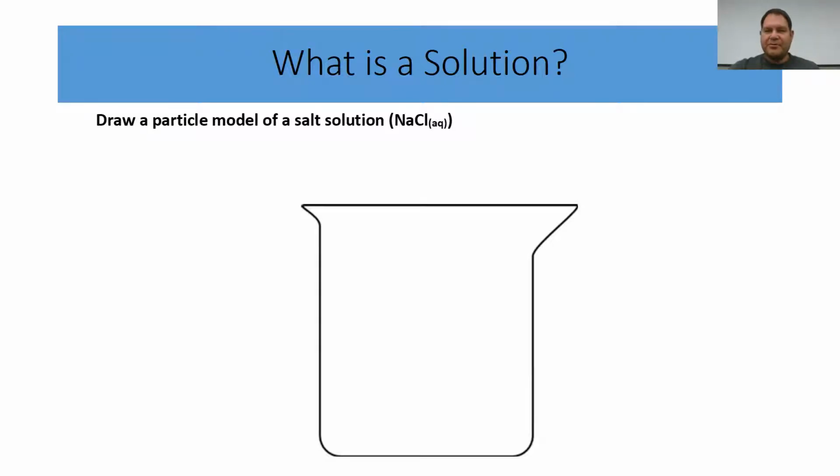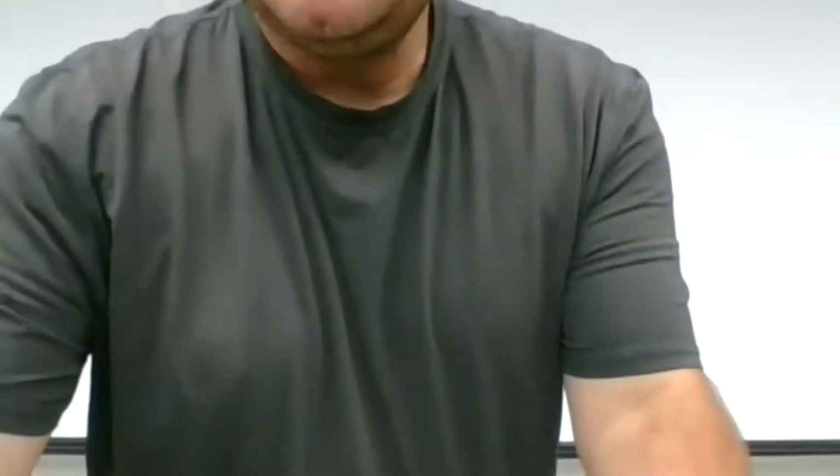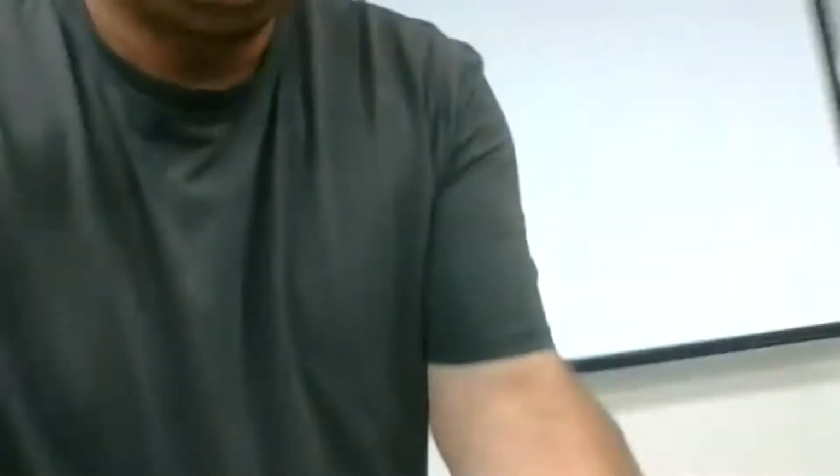So on the board over here, I'm going to set this up. I'm going to show you the particle diagram that I have made for this particular solution, right? So move the computer over so that you can get a better look at this. Okay.